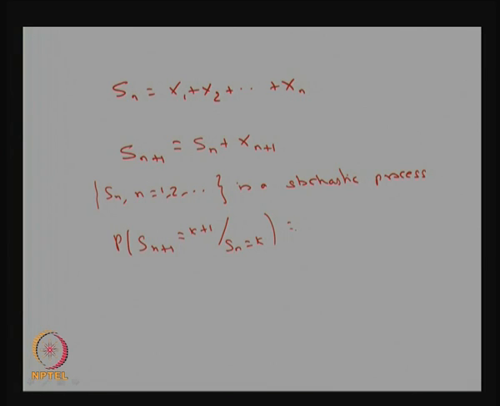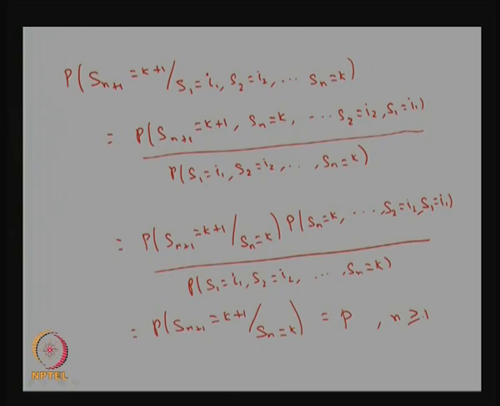Therefore, a head appears in the n plus 1th trial, and that probability is P. Similarly, suppose Sn plus 1 is k, such that Sn is also k, then that is possible when in the n plus 1th trial you got a tail. Therefore, that probability is 1 minus P. This is satisfied for all n greater than or equal to 1.